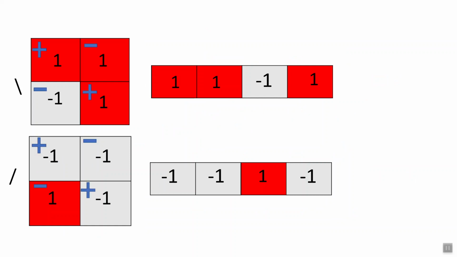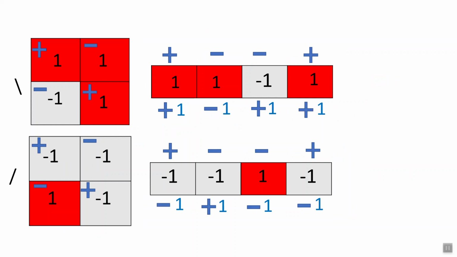So applying the classifier to the top and the bottom images, the top values +1 -1 +1 and +1 give the value 2.